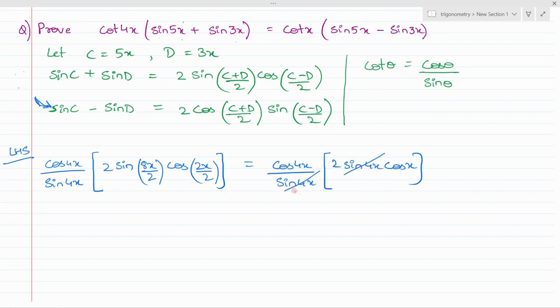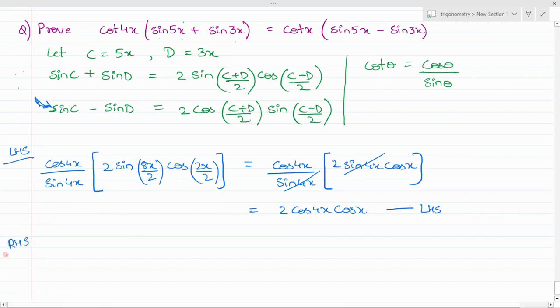So this sin 4x and sin 4x get cancelled. So 2 cos 4x into cos x. So this is the LHS. So let's take RHS also and see whether they are equal or not.